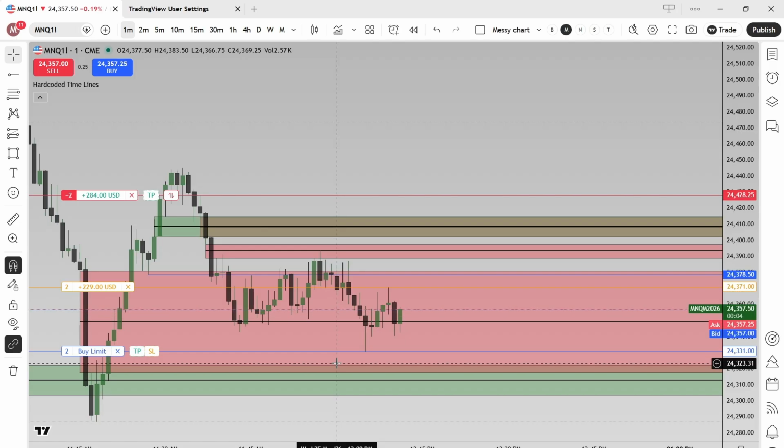If it holds like that, it might stop. I want to see it go right below that. Continue. No, I'm fine with getting stopped out here.